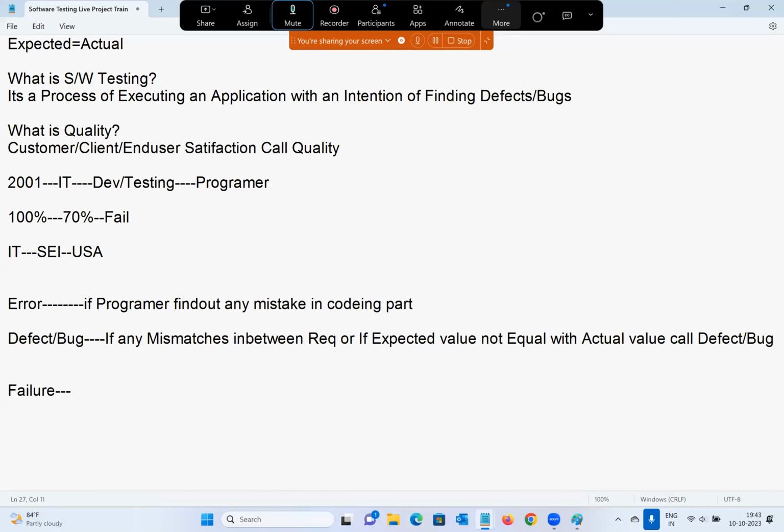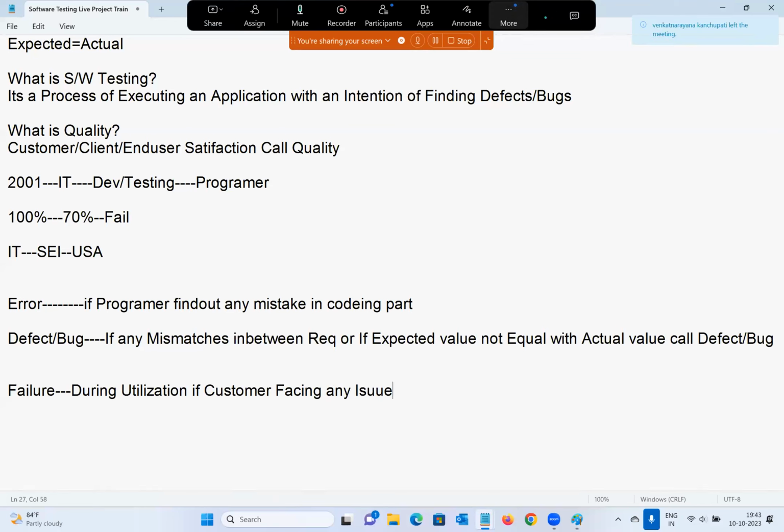Next, what is failure? After development and testing, during utilization, if the customer faces any problem or issue, it is called failure.